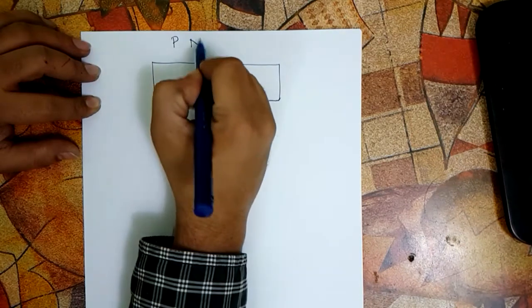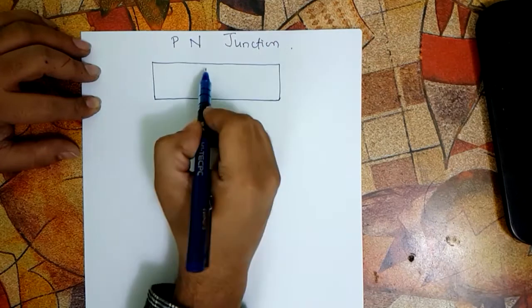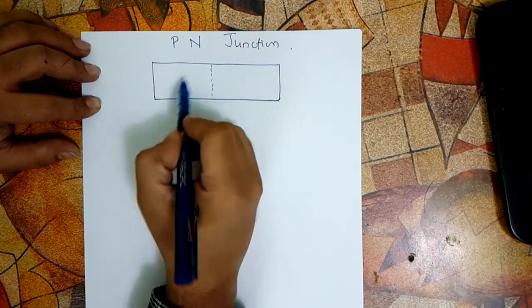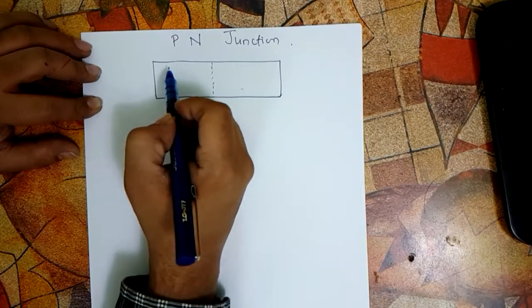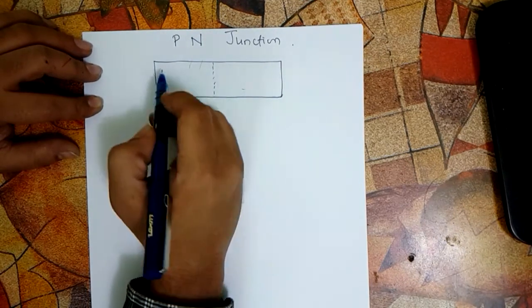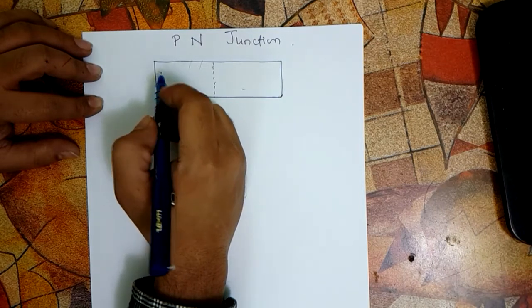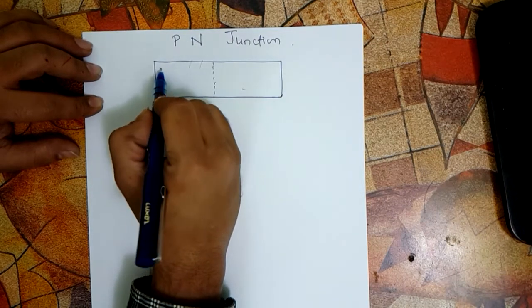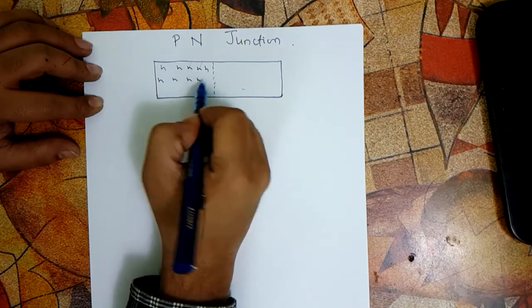What we get is something called a p-n junction. So this is half of the silicon crystal, and this is the other half. In this half of the silicon crystal, we add lots and lots of boron, which is the trivalent impurity, which gives lots and lots of holes.